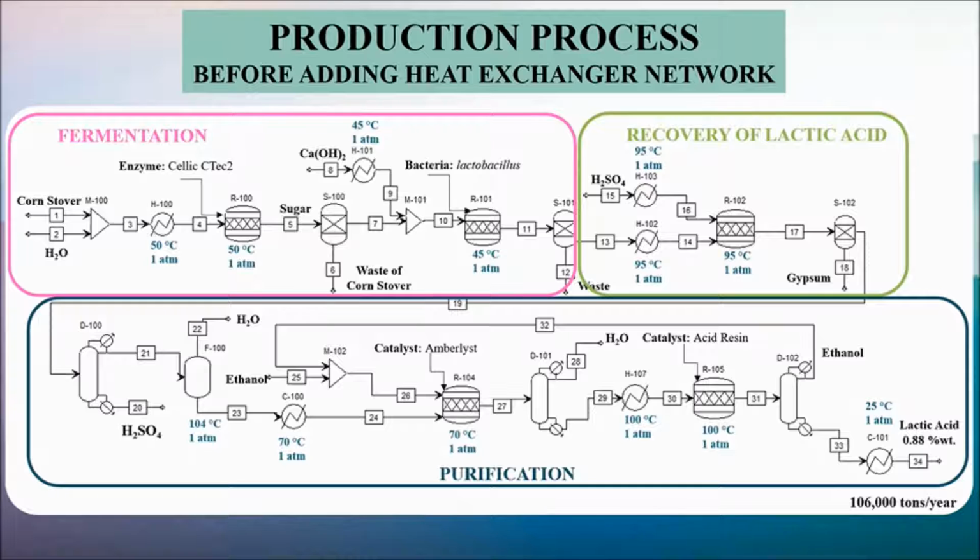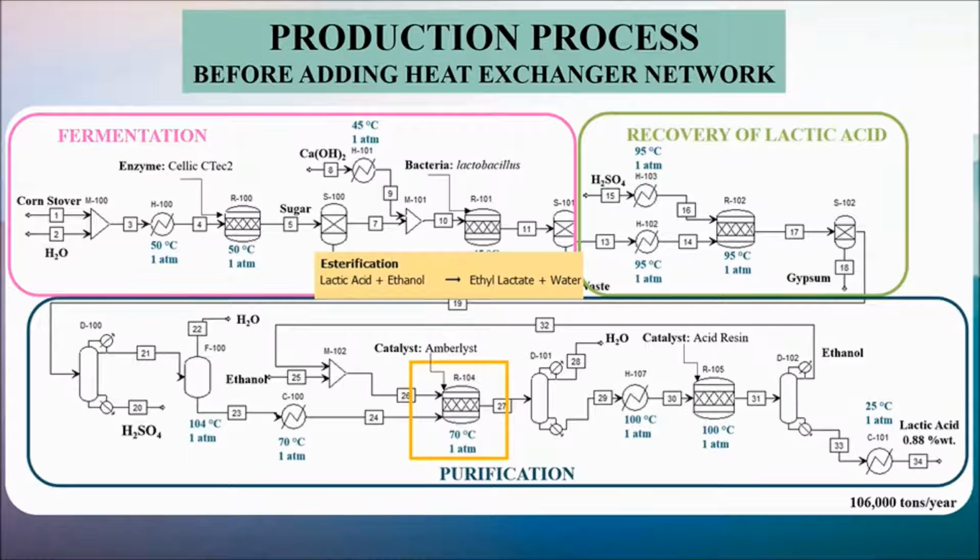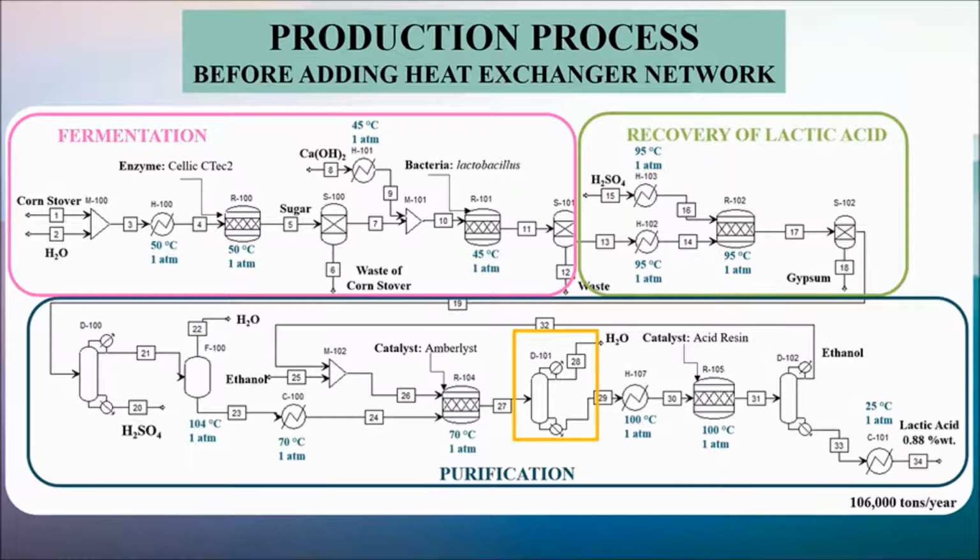Therefore, in the esterification process, ethanol is fed in stream 25 to react with lactic acid in the reactor R104 and form ethyl lactate and water by using an embedded catalyst. Ethyl lactate is more easily separated from water than lactic acid. Therefore, in the distillation tower D101, water can be separated from ethyl lactate.